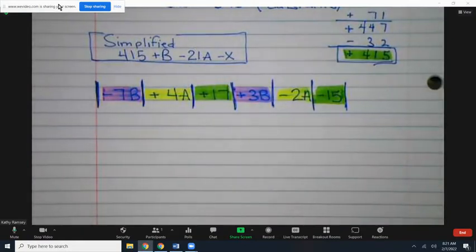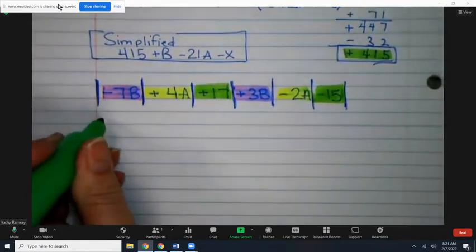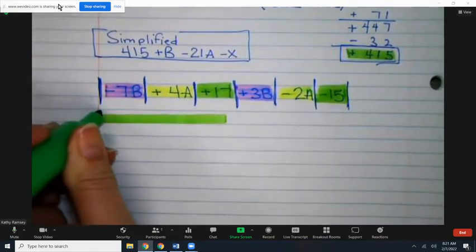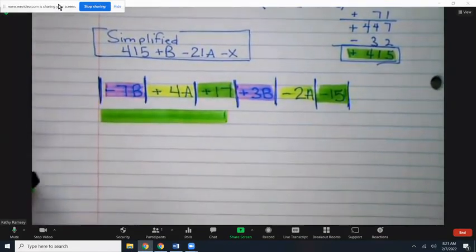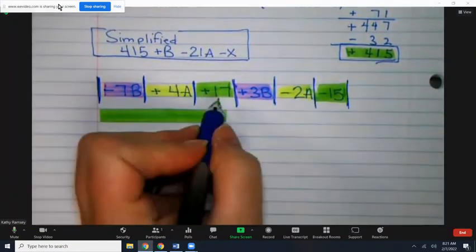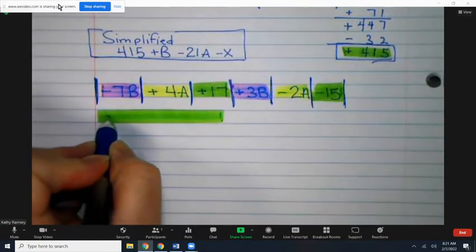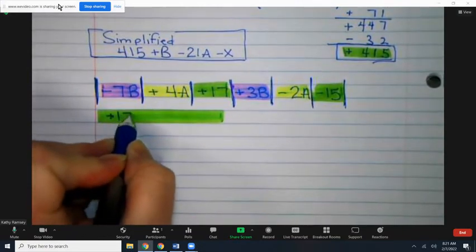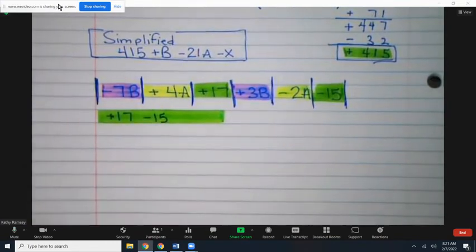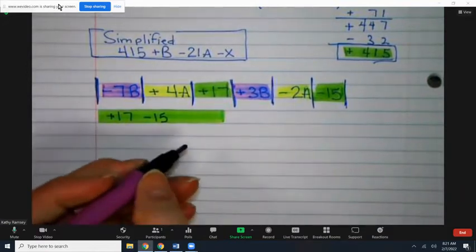Now in this expression, I have given us 3 variables or 3 sets of terms that can be combined. So what I want to do is take my highlighter and create a line for my constants, and then I'm going to put my constants in there. So we have positive 17 and we have negative 15. We're not going to do the math yet. Leave it there.